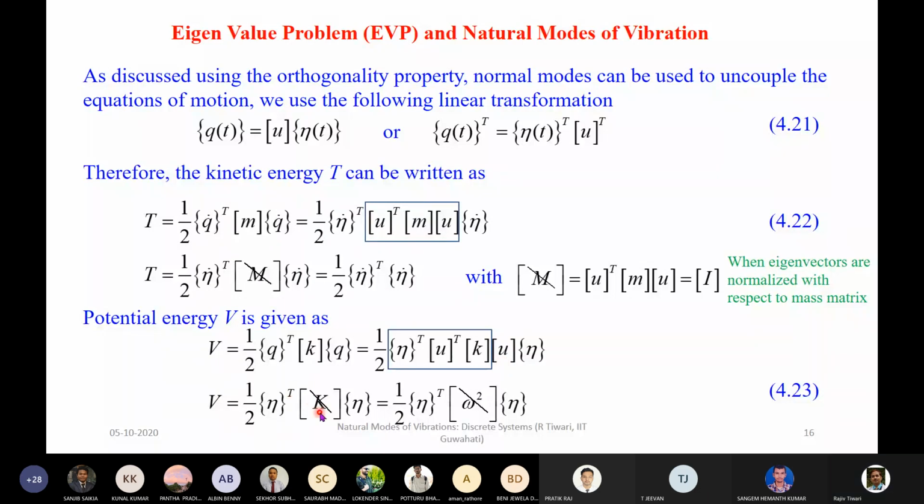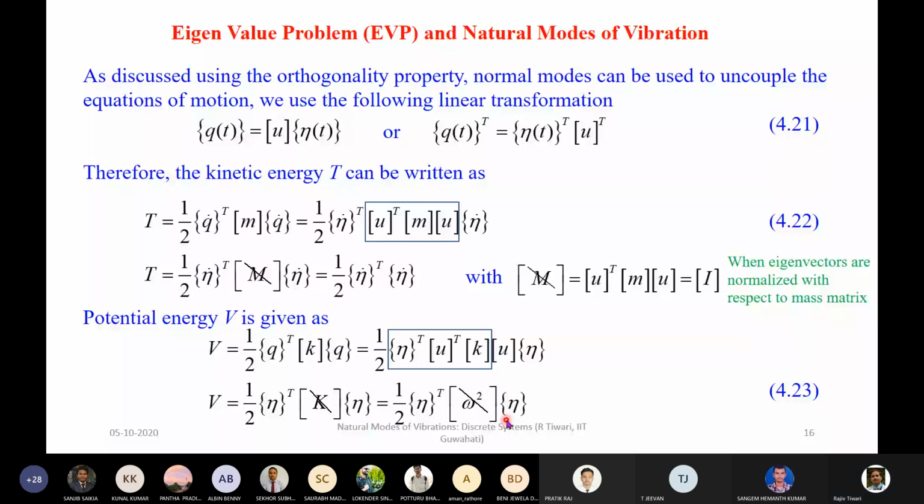So here this will be a diagonal matrix, and we'll see that this diagonal matrix will be nothing but the square of the natural frequency. So all the diagonal terms will be the square of the natural frequency.